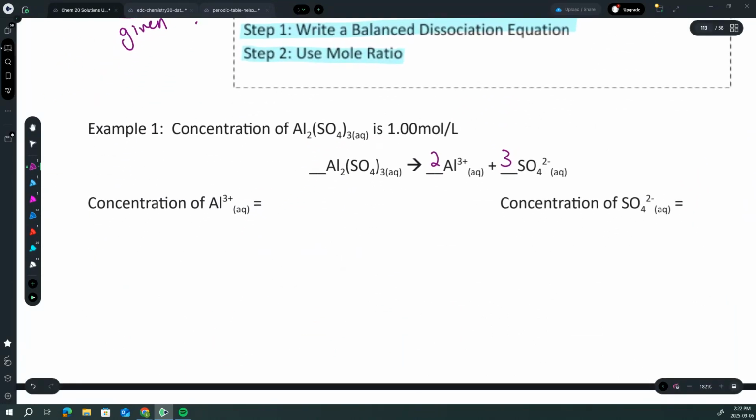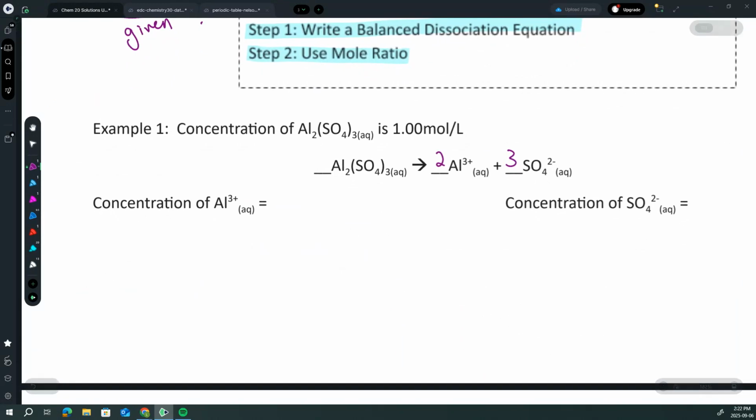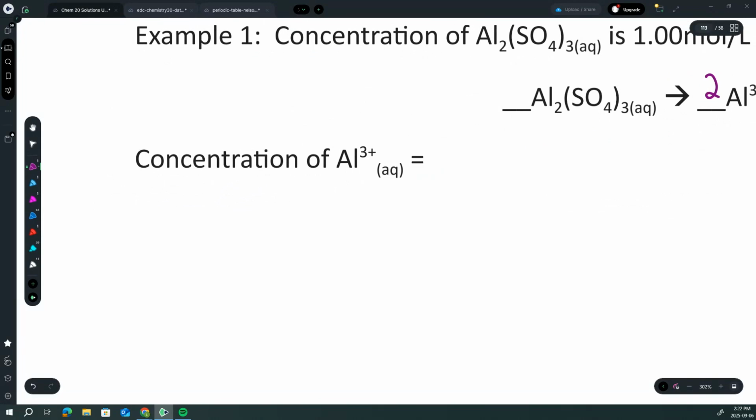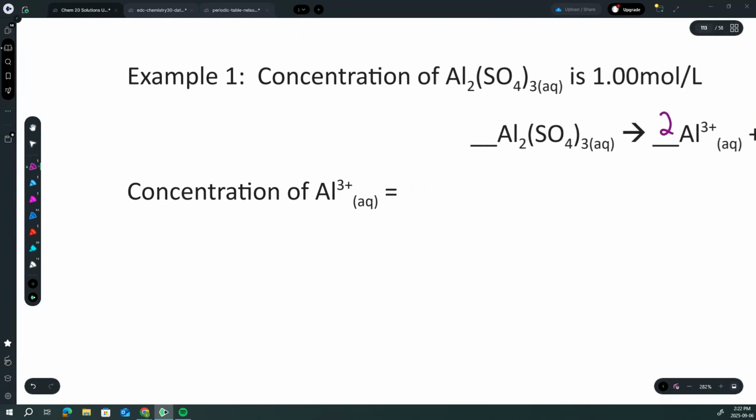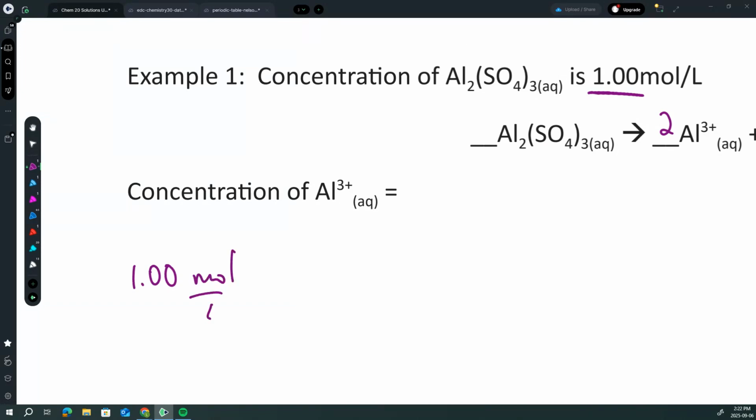Alright, so there's our balanced dissociation equation, and to figure out the concentration of aluminum ions, we're going to start off with what we're given, which is the concentration of the aluminum sulfate solution. Okay, so that's going to be 1 mole per liter.